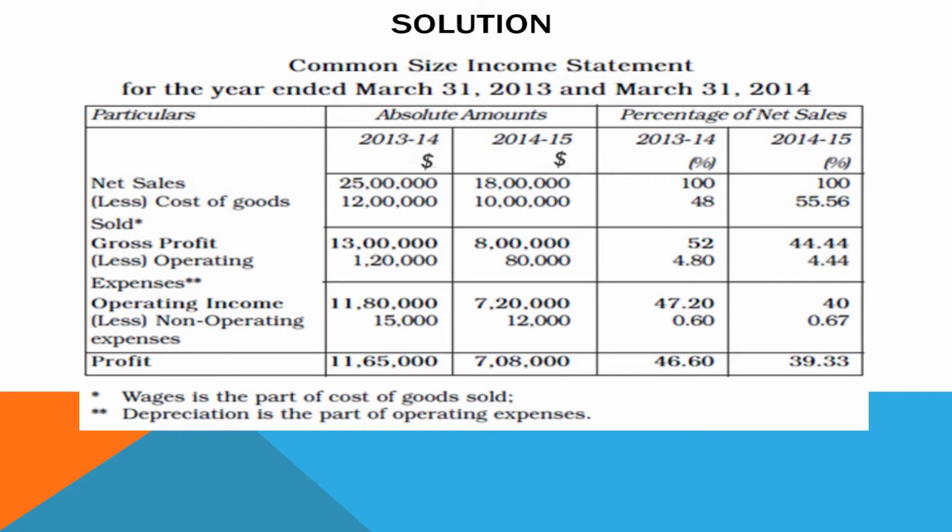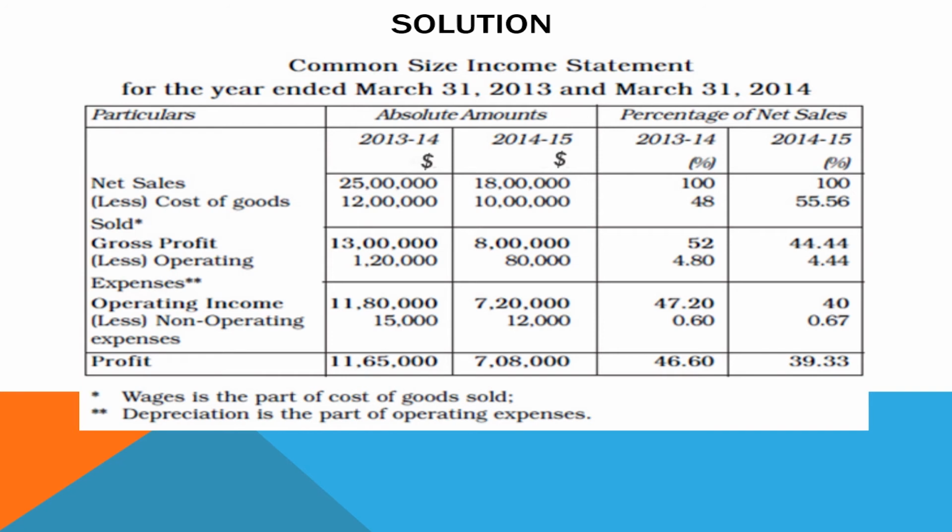Again the percentage will be 1,20,000 divided by 25 lakh, 80,000 divided by 18 lakh, which is 4.80% and 4.44%. Now at the end what we get is operating income, which is 11,80,000 and 7,20,000. The percentage is 47.20 and 40%.